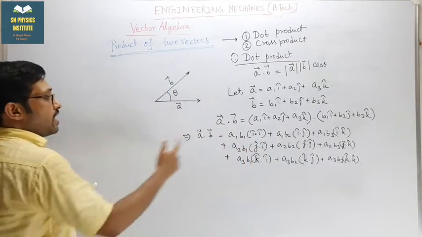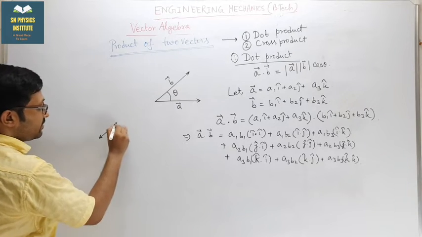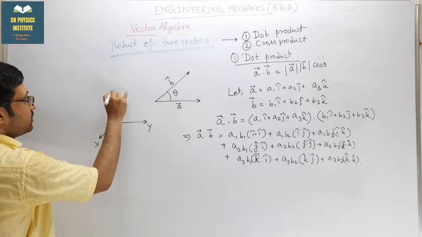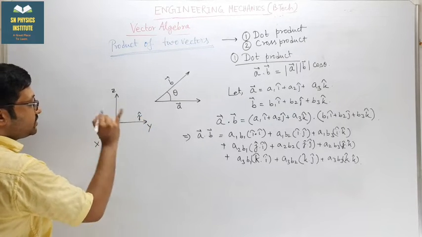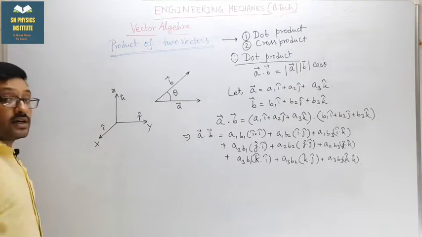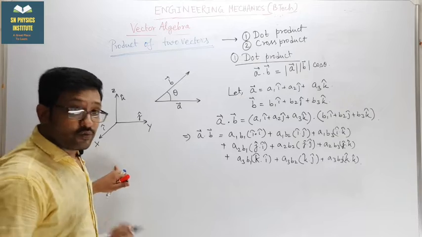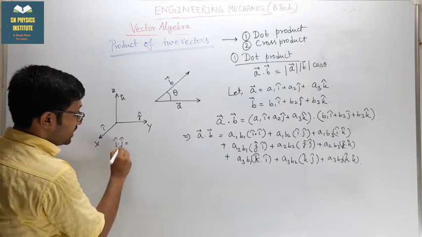So see here, i dot i, that means what? If you consider the three-dimensional coordinate system, this is your x-axis, this is y-axis, and this is your z-axis. Along the x-axis this is i cap, along the y-axis this is j cap, and along the z-axis this is k cap. So i dot i means two equal vectors, and this is a unit vector.